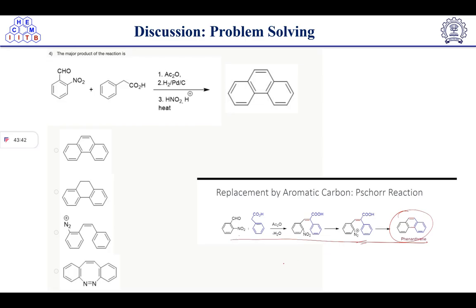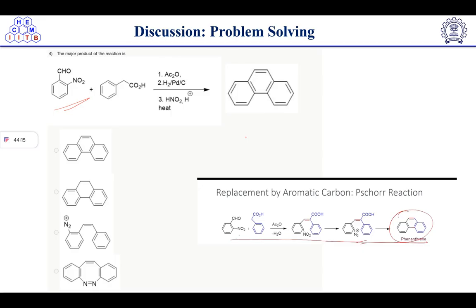Any reaction? Remember? So go and check your reactions. If you see these reactions, nitro is easily getting converted to amino group. So here we have the mechanism. First I will show the mechanism, then we will discuss that thing.